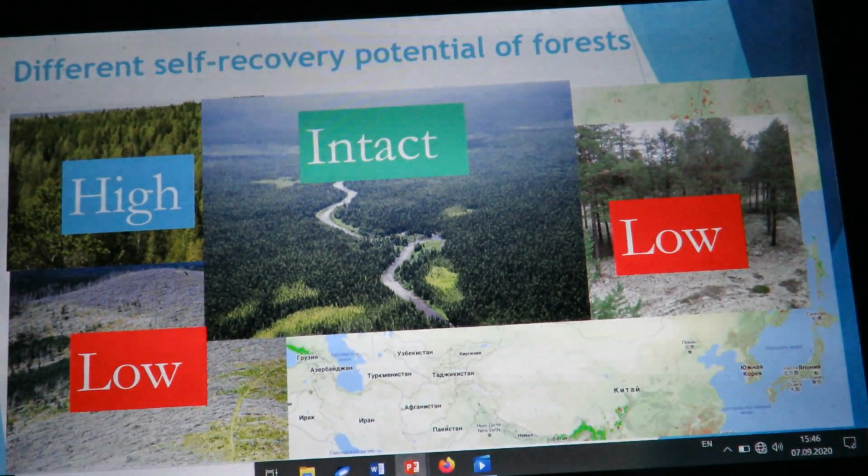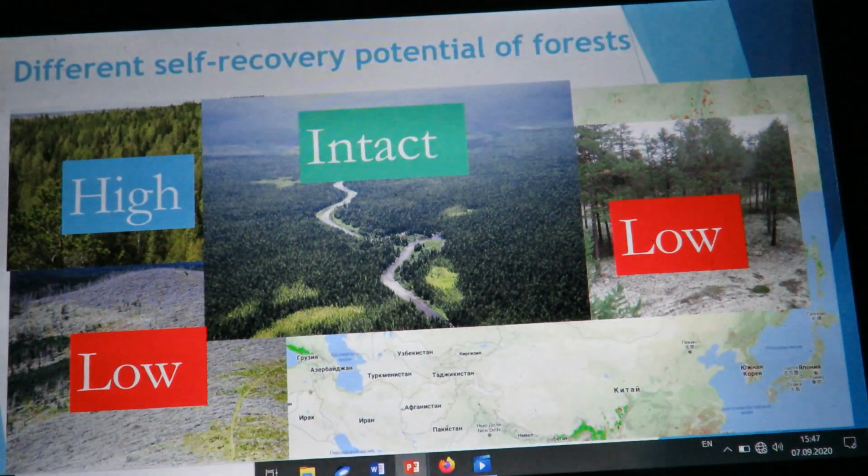And while we need to preserve intact ecosystems and ecosystems capable of self-recovery, and allow them to self-restore, we need to take care of the ecosystems with low self-recovery potential.